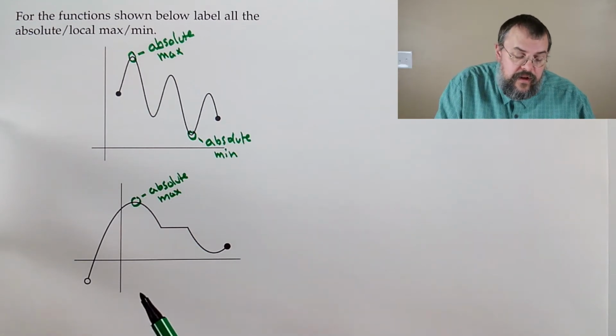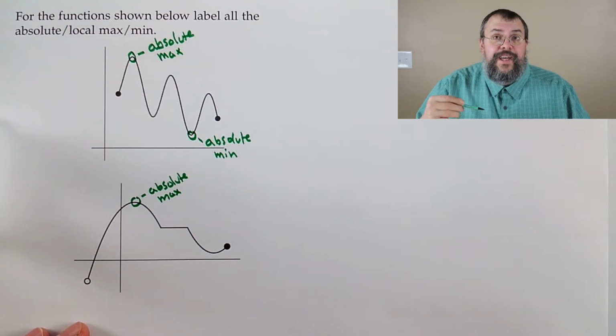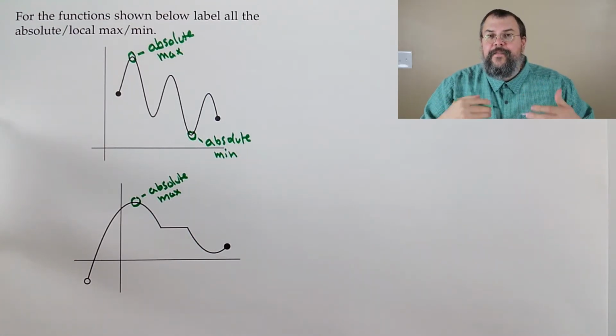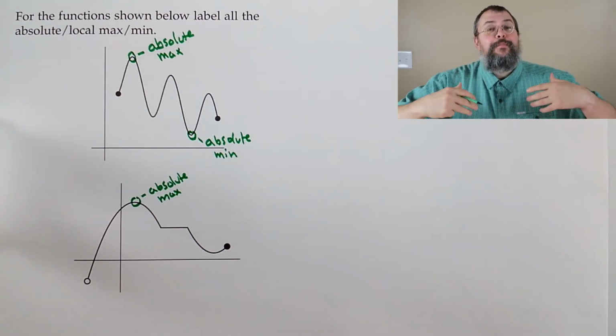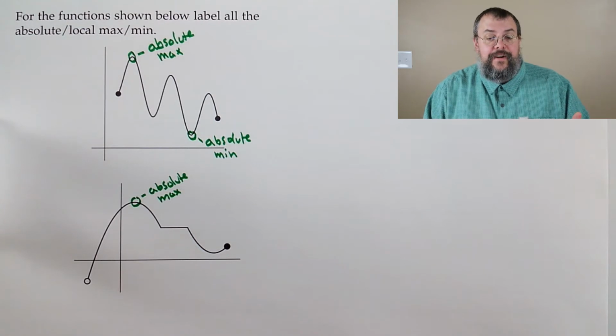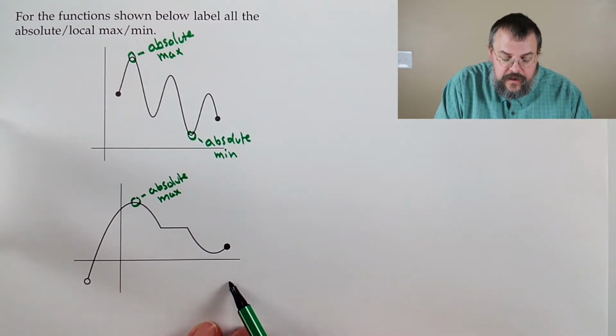Well, the problem is we can't ever get to that value, but we can keep getting closer and closer and closer. You find it kind of has that language of limits. It's like we're getting closer and closer, but we can't actually get there. So for this function, there is no absolute min.